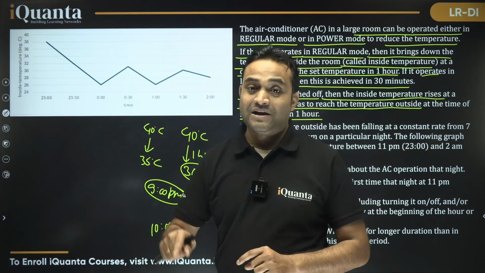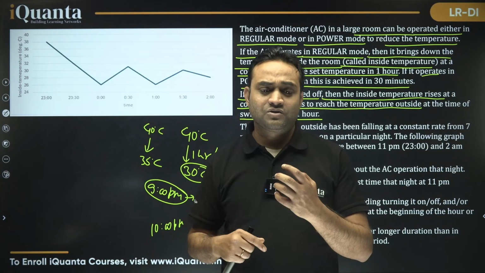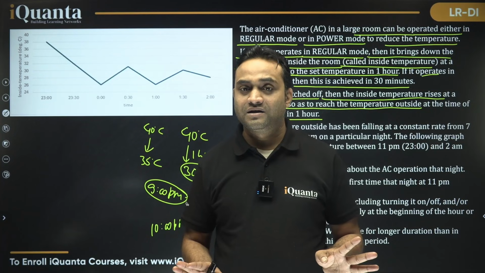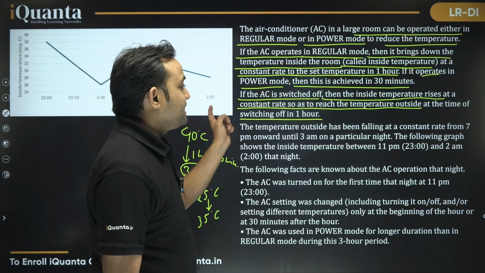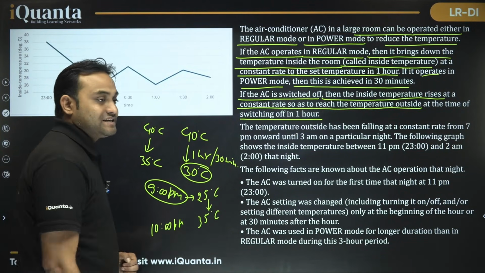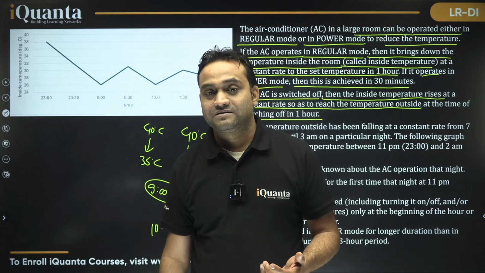Now at that time, outside temperature could be anything. In 1 hour, it could go up, it could go down. That doesn't matter here. It also says that it happens at a constant rate. Means in 1 hour, if this is increasing by 10 degrees Celsius, in half an hour, it will increase by 5 degrees Celsius.